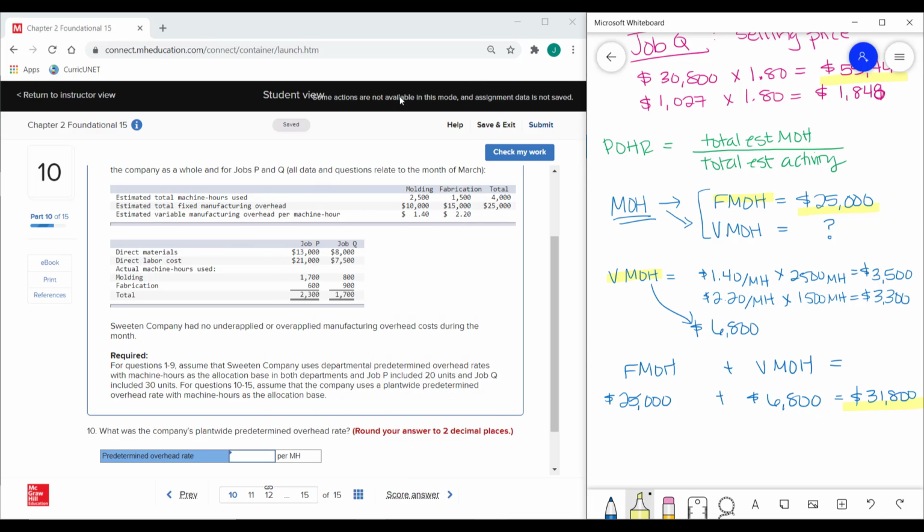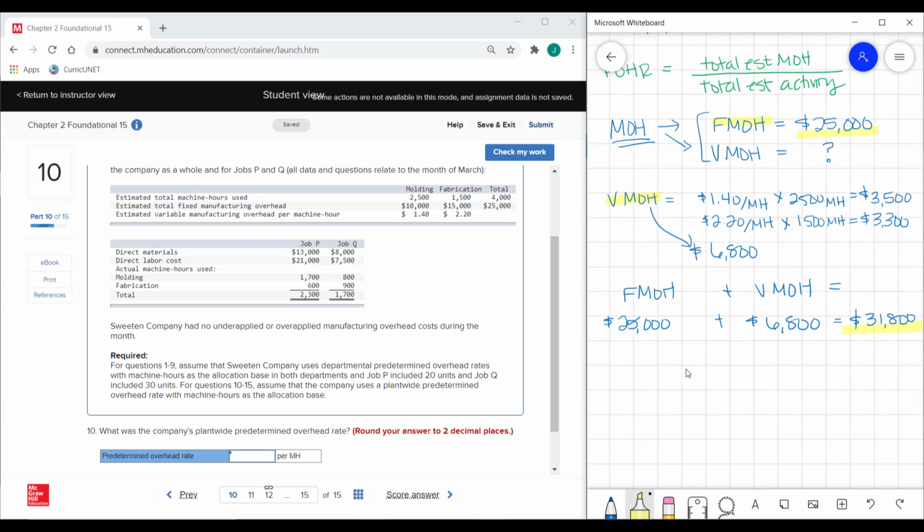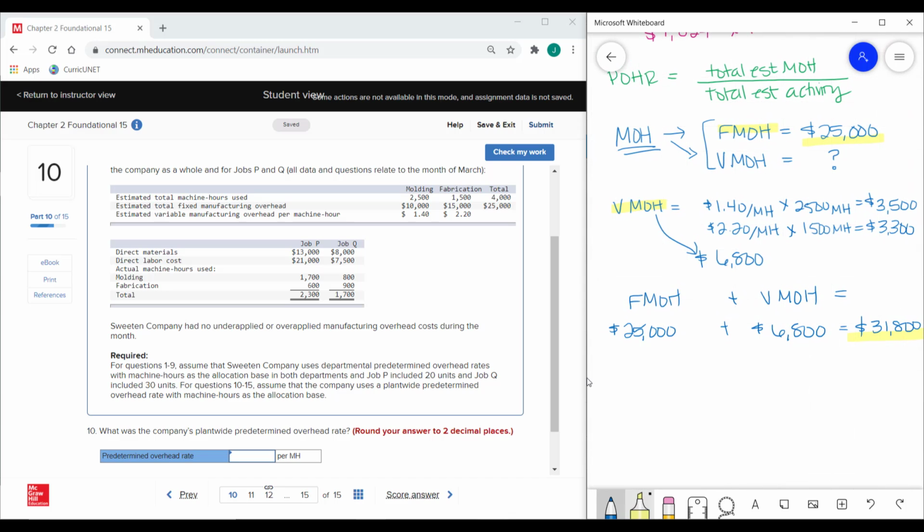Okay, so now we can plug into that POR calculation, right? Remember, our POR is our total estimated manufacturing overhead divided by our total estimated activity. So we know our total estimated manufacturing overhead for the company as a whole. We're going to divide that by the total estimated activity, where the chosen allocation base here is machine hours.